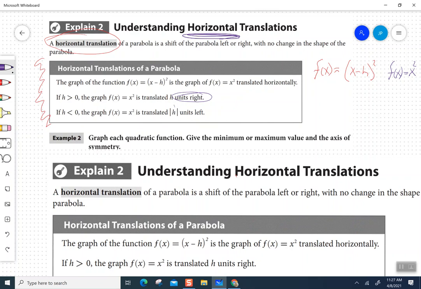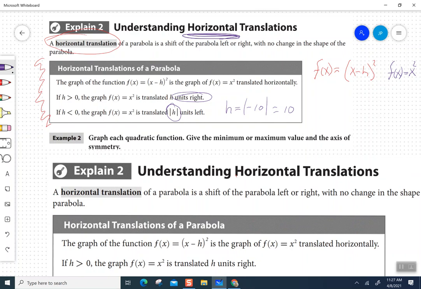In that case, you take the absolute value of h and you go that many units to the left. So say, for instance, if h was equal to negative 10, then the absolute value of negative 10 is 10, so you'll go 10 units to the left.